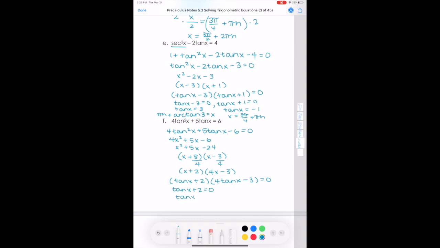Again, I don't know when tangent equals -2. That's not a normal one that we get. So it's going to be arctan of -2 plus pi n. But I think they both turn out, yeah, they do. They both turn out to be ones that we don't know right off the top of our heads.